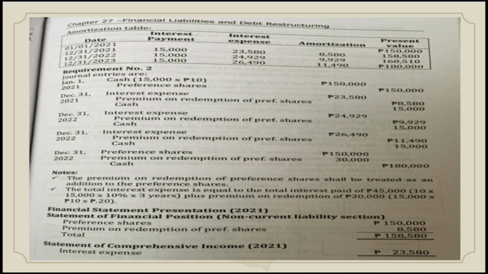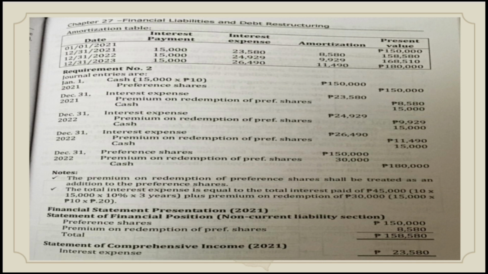So we have 23,580. And then we subtract the interest payment from the interest expense to get the amortization. Then the present value plus amortization gives the present value as of December 31, 2021. So the process is the same for the following years.